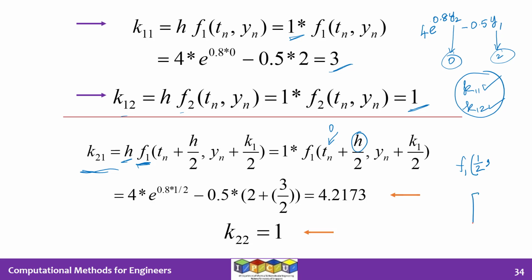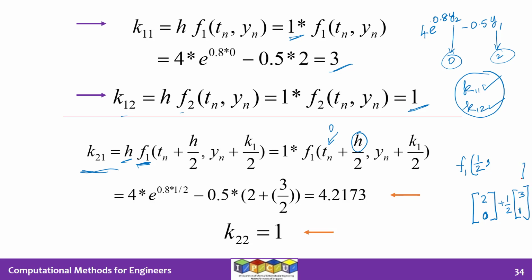So yn was 2 and 0, right? y1 was 2 at x is equal to 0 and y2 was 0 at x is equal to 0. To that, you're going to add half of k11, k12. So 3 and 1.